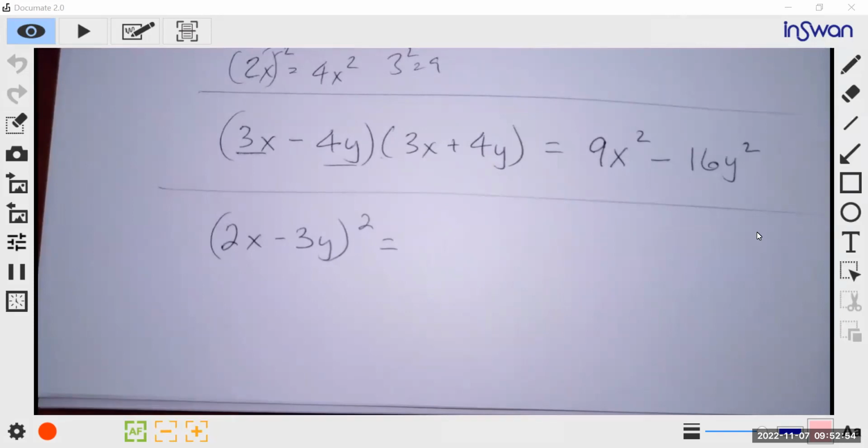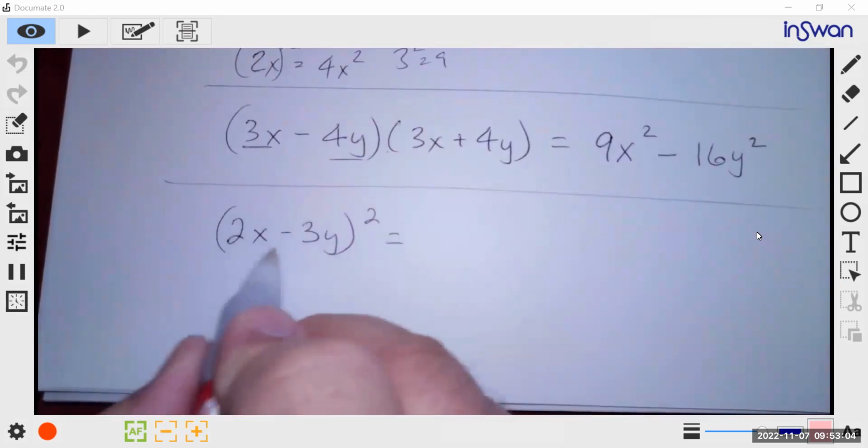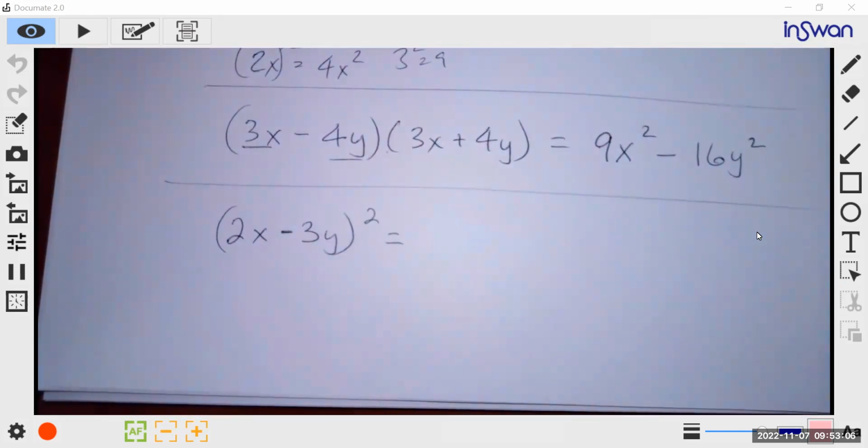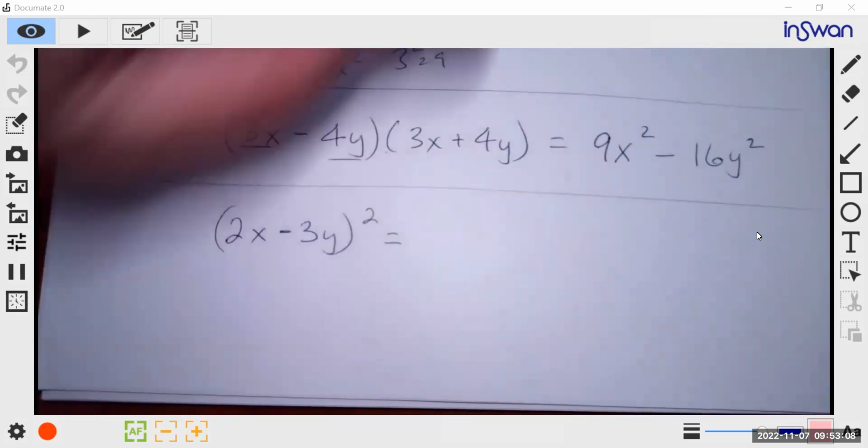So what do you do in this one? Nope, you can't. If there's a plus or minus, you can't distribute. We just talked about these a second ago, guys.